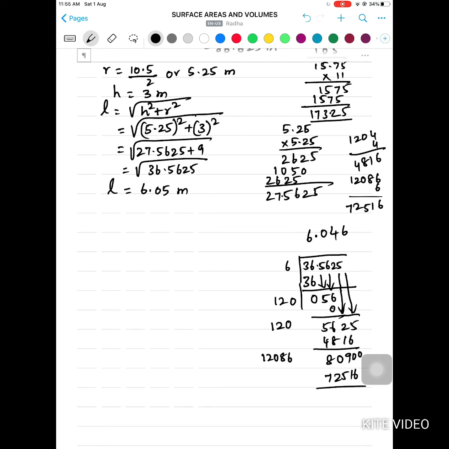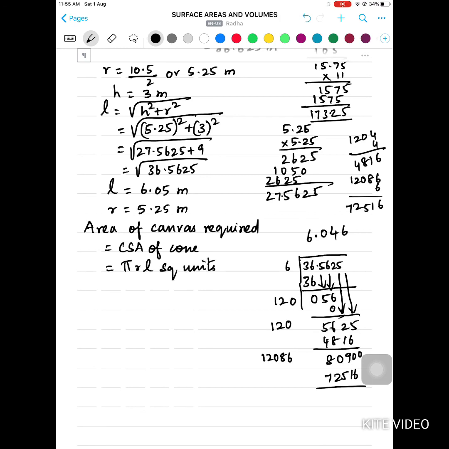So what is the slant height of the cone? 6.05 and radius is 5.25 meter. Now what is the area of canvas required? Area of canvas required, that is nothing but CSA of the cone. What is the CSA of the cone? Pi r l square units. So it is 22 by 7 into radius is 5.25 and slant height is 6.05.